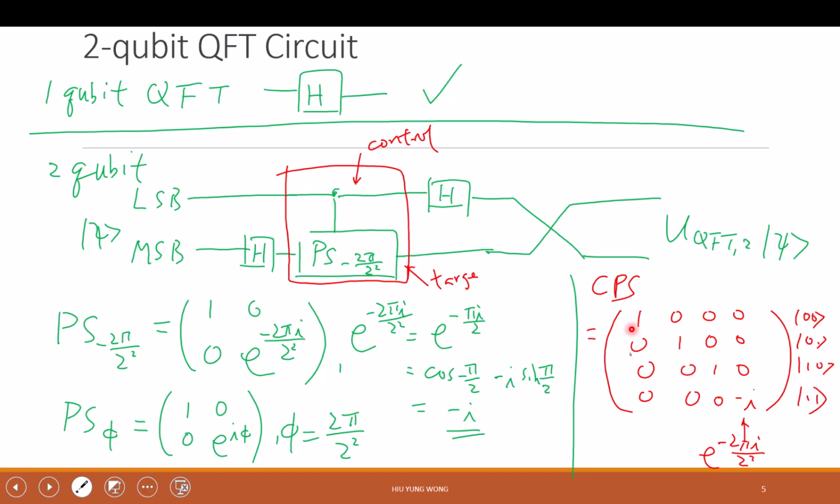You don't apply, so of course it is identity. And when the control qubit is 1, which is this row and this row, if the target qubit is 0, again you only apply 1. But if the target qubit is 1, then you apply the phase, which is negative 1. That's why you get this control phase shift.